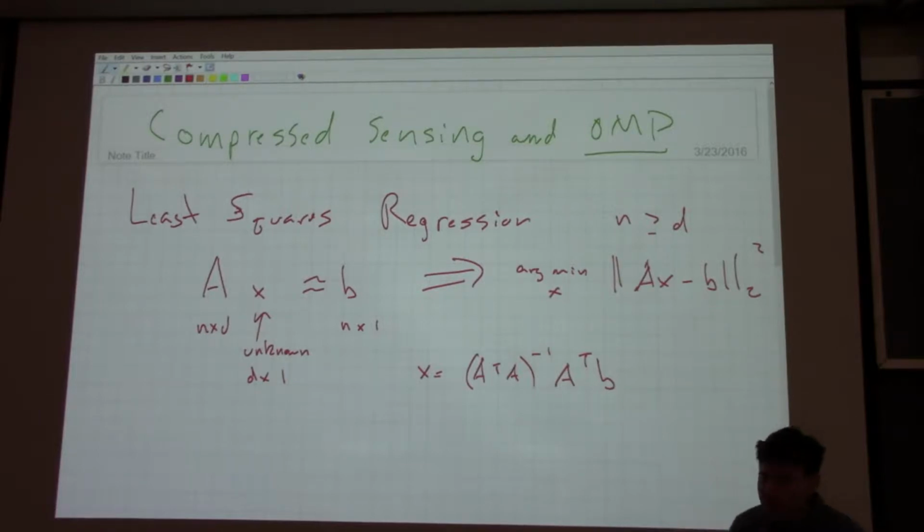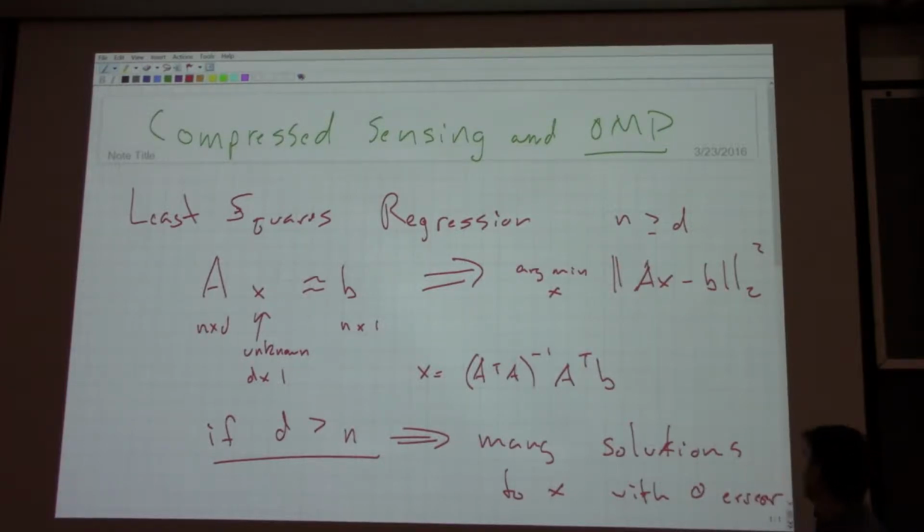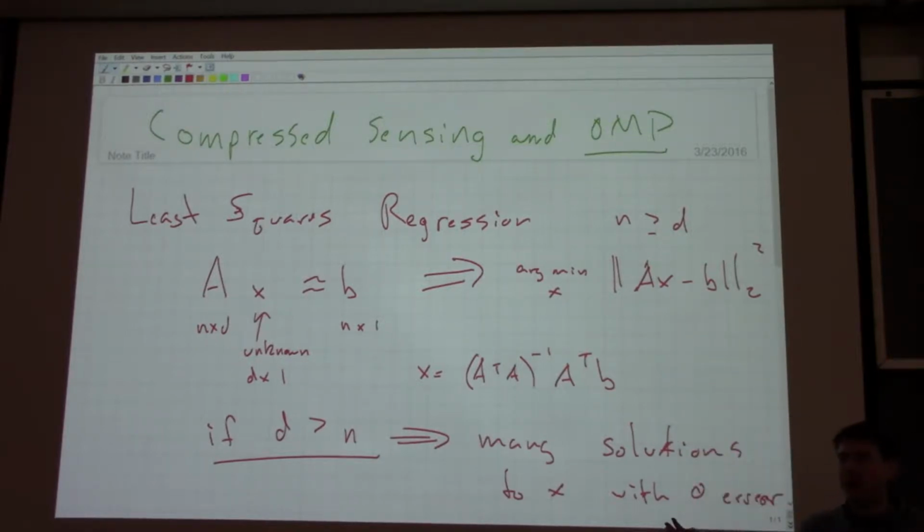Okay. So if d is bigger than n, then there are so many solutions x with zero error. You can solve for an x so that this error is 0. So there's not one minimum solution x.